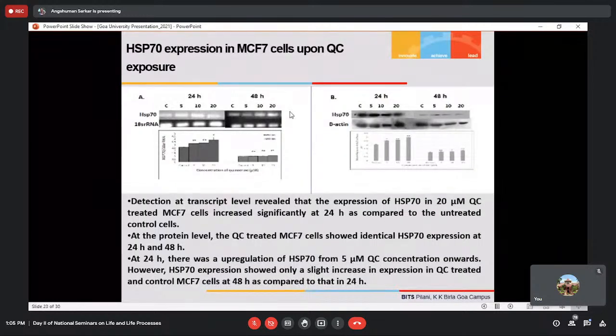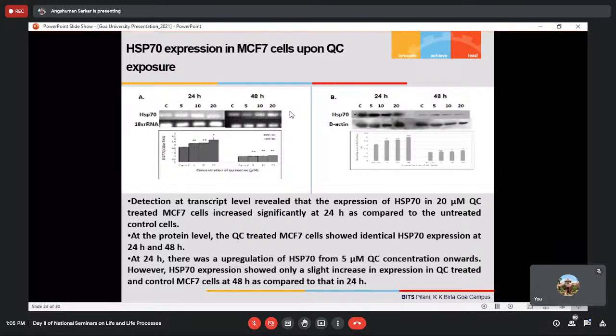Another very important phenomenon is HSP70. HSP70 is a very important protein, particularly a chaperone, and that's how it protects the cell and makes the cell ready to negate any kind of stress.